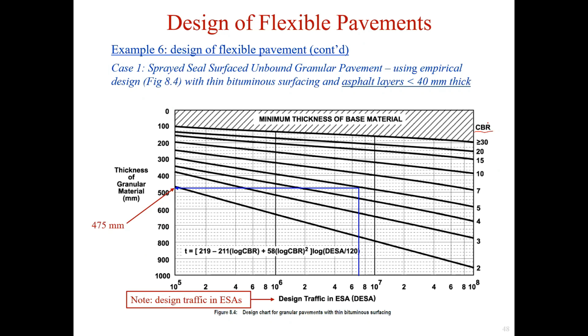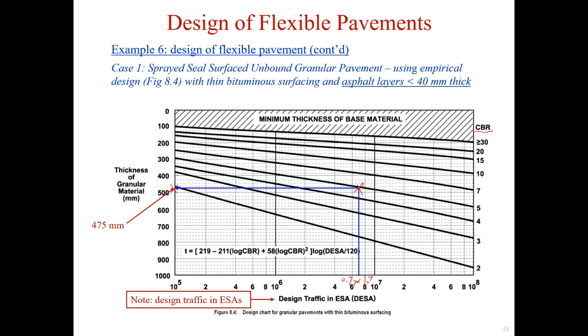For this example here, the subgrade has a design CBR of 5, and we had a design traffic loading DESA of 0.7 times 10 to the power of 7. So we are able to find the corresponding thickness of granular materials over the subgrade as 475 millimeter.